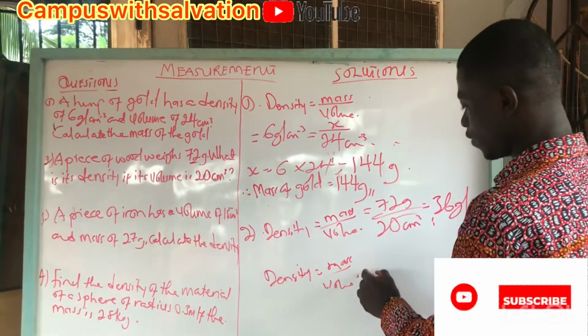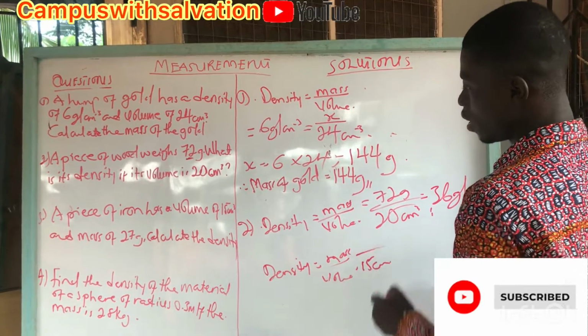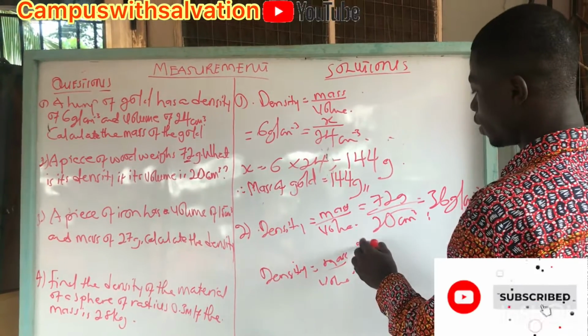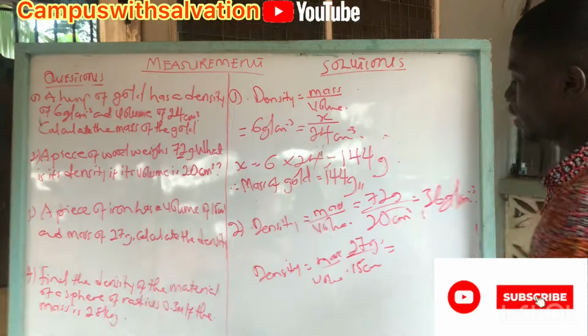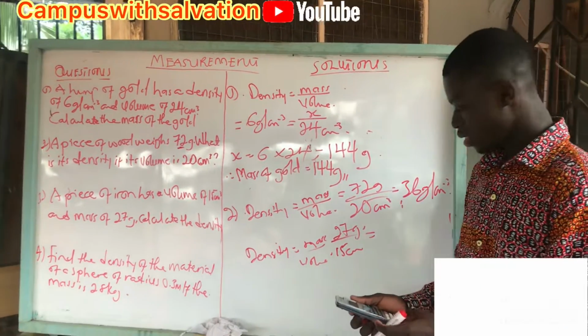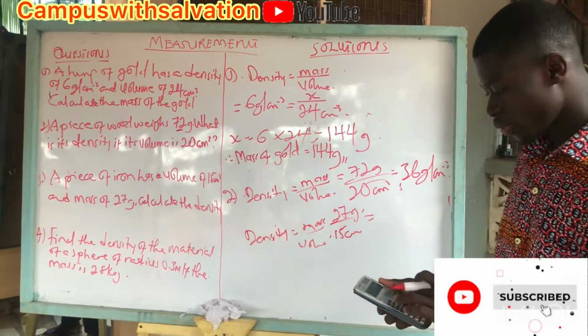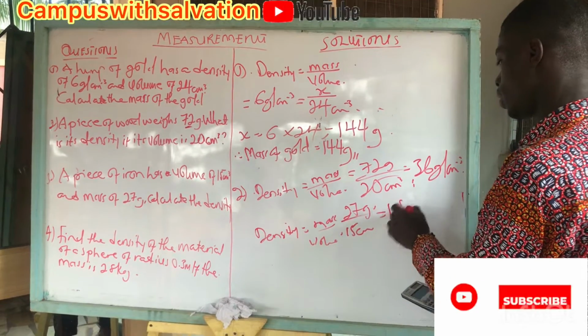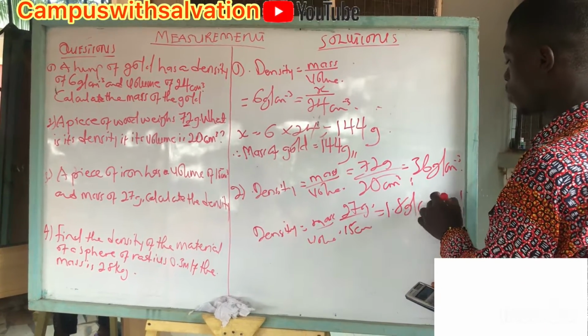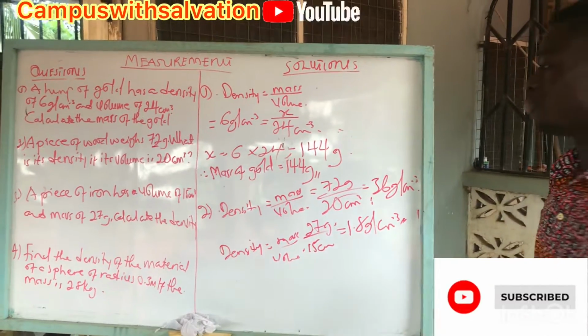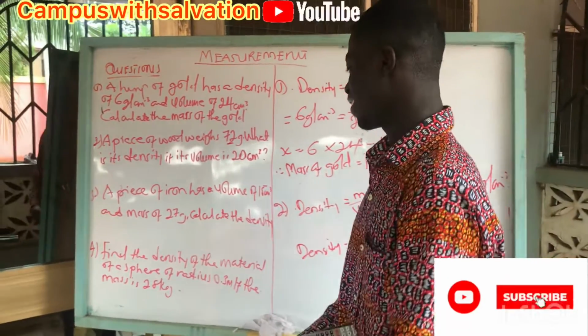And the volume was 15 cm³ and the mass was 27 grams. So you just point it on your calculator. 27 divided by 15. This is equal to 1.8 grams per cm³.